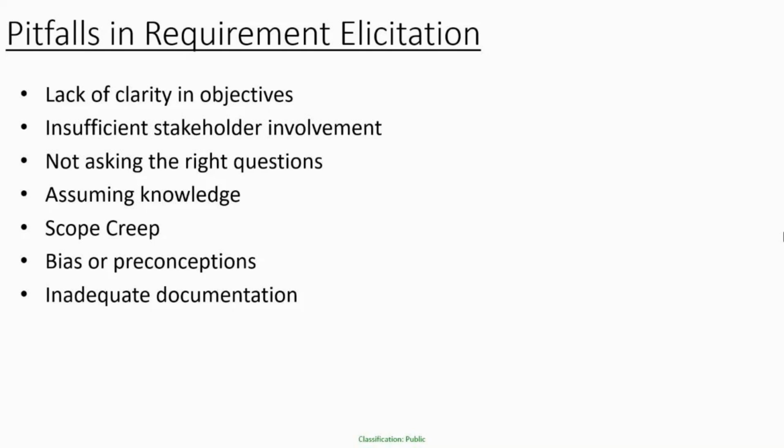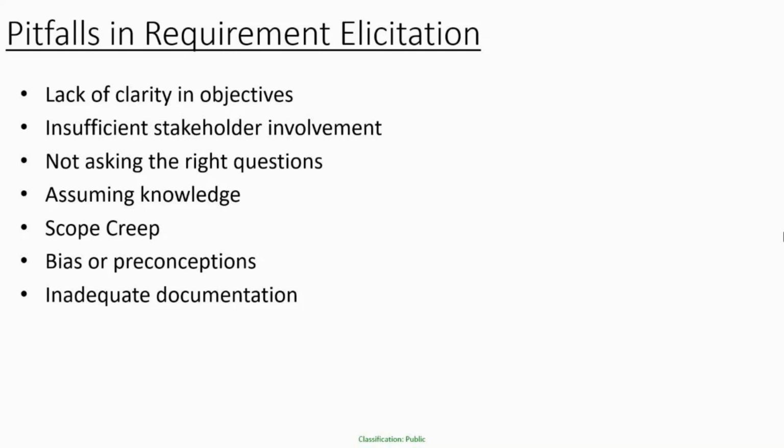Having said these things, let me stop with the points here and give a disclaimer. When you talk about all of these pitfalls in requirements elicitation, they could create a thought in the minds of those who are getting into the business analysis field: oh my god, these are so many things that I need to really be worried about.